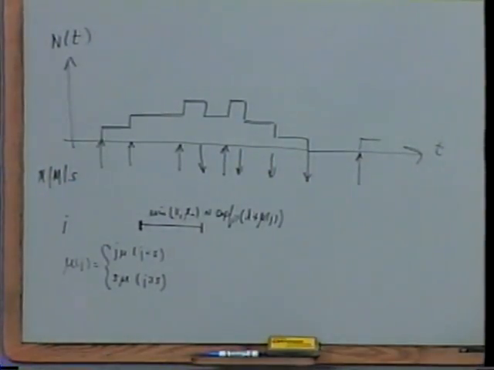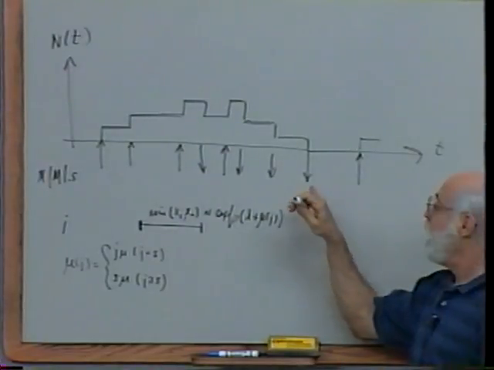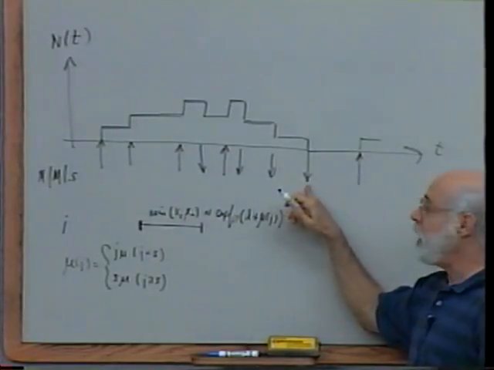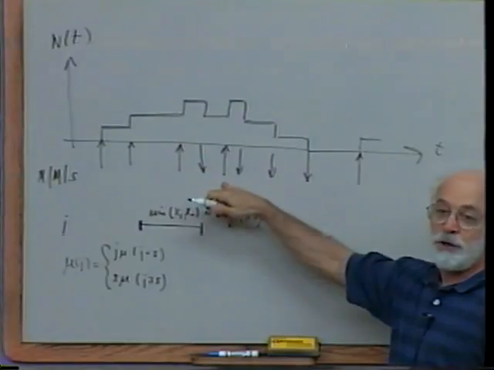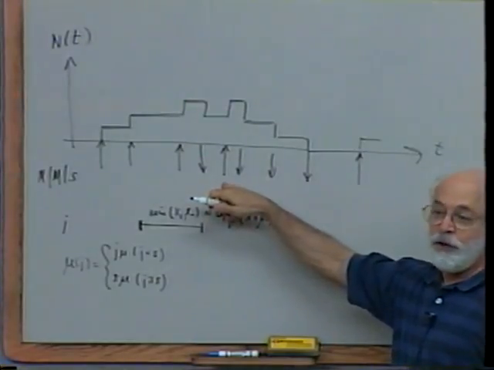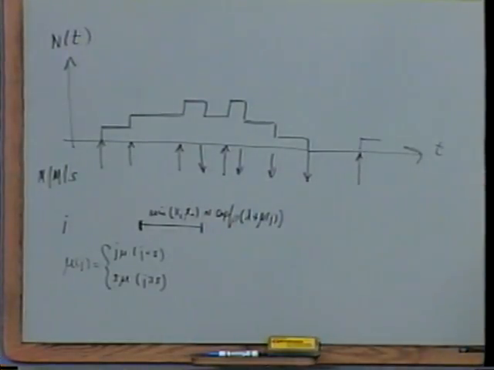So in effect, I'm going to interchange every departure for an arrival and every arrival for a departure. And the question is, could I tell the difference? If I looked at this diagram going backwards, could I tell that it's going backwards or not? Or is it statistically the same thing? Okay, now I claim that you couldn't tell the difference.